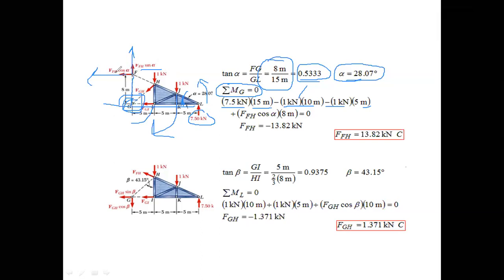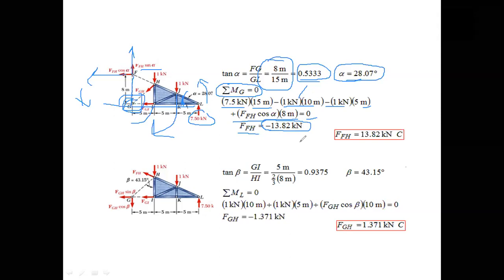Now plus, here you see, this is FH cos alpha. It tries to rotate about G in the anti-clockwise direction, that is why it is positive, and it is the force in member FH cos alpha into 8 meter, equal to 0. By solving these terms, we get force in member FH is equal to minus 13.82 kilonewton.